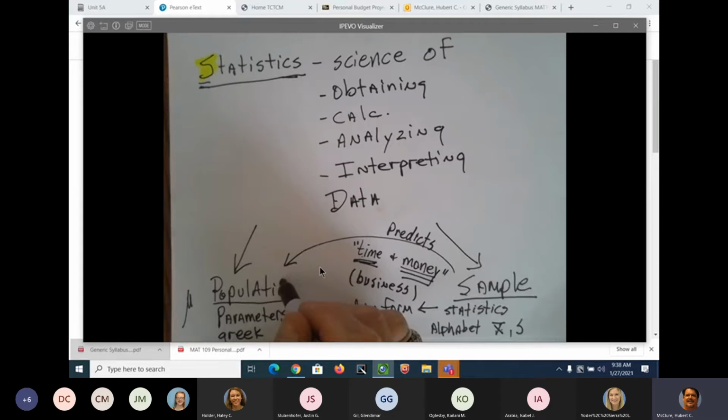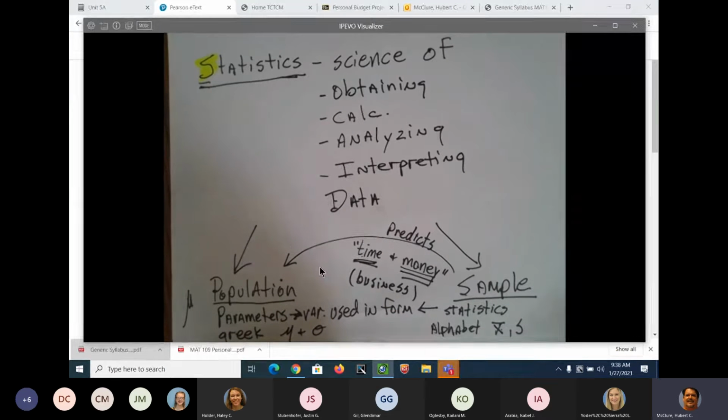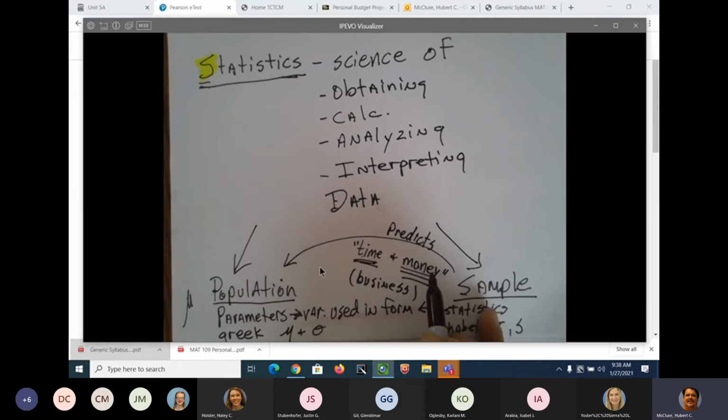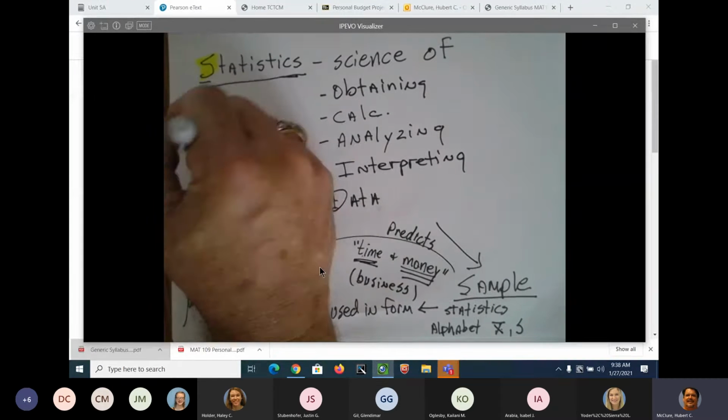That is why we have probability and statistics. We have probability and statistics to take the sample and predict for the population to save time and what? Money.